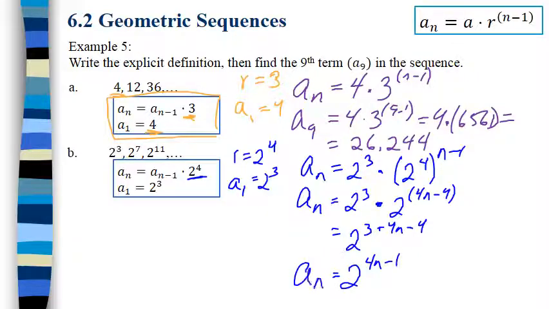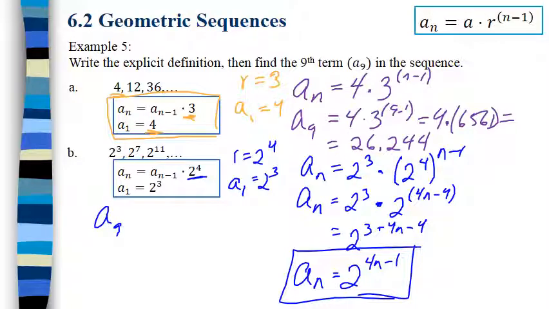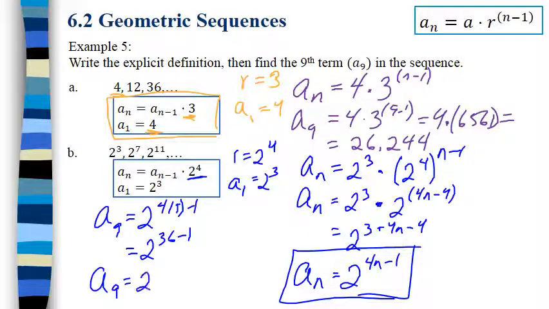So our explicit formula is a sub n equals 2 to the 4n minus 1. To find a sub 9, we do 2 to the 4 times 9 minus 1, which is 2 to the 36 minus 1. So a sub 9 equals 2 to the 35th. We can leave it like that because our sequence is in base 2.